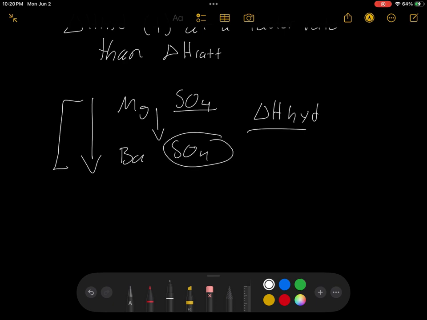The size of the anion is more significant when it comes to delta H lattice. But since delta H hydration doesn't really have anything to do with the size of the anion, it has to do with the charge density of the cation, right?